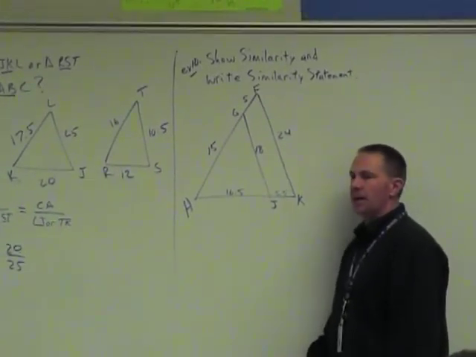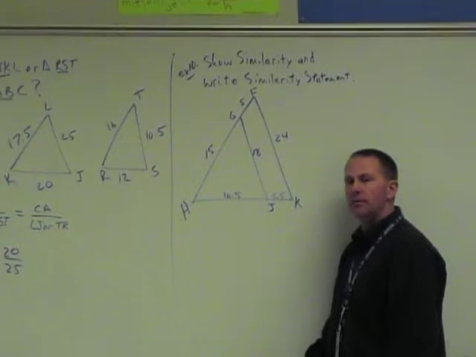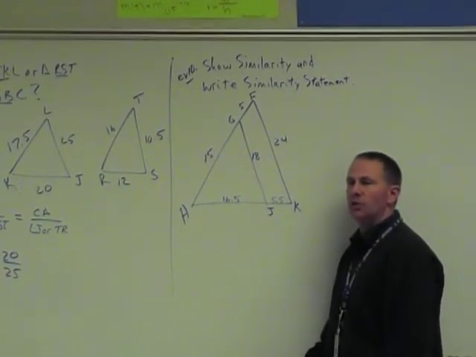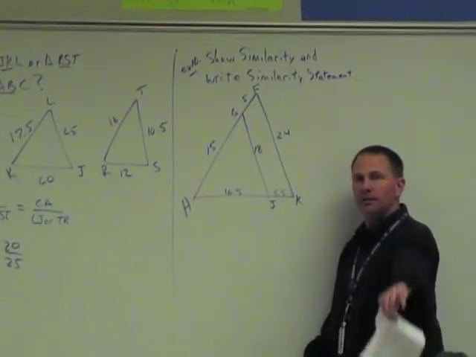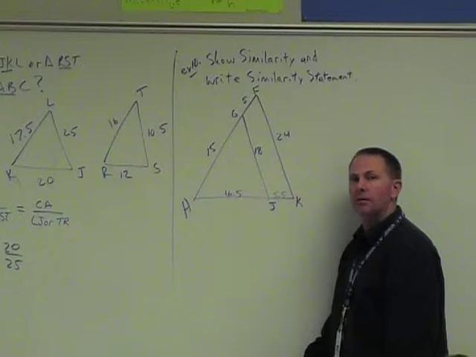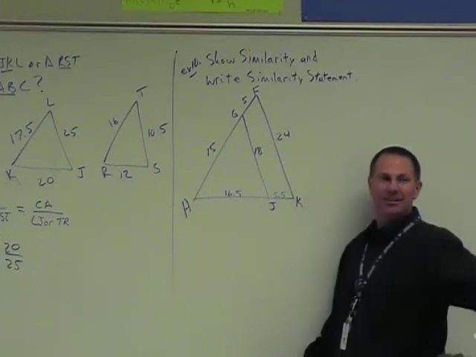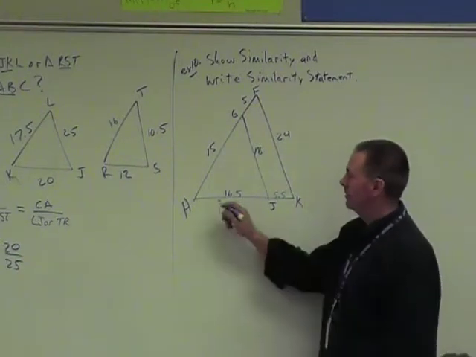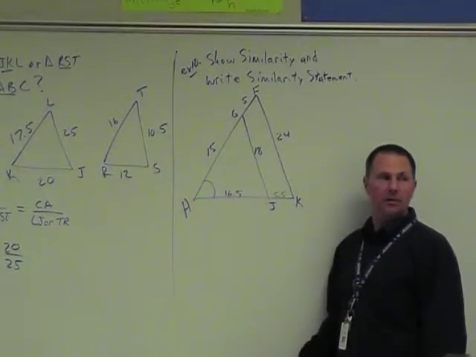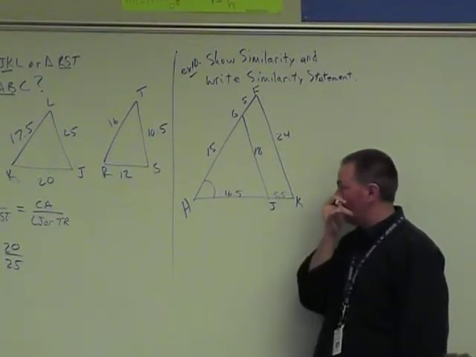Are you going to check all three sides? You only need to check two. Why? I lied. Never mind. I know it, but I don't know how to explain it. Angle H is congruent to angle H by the reflexive property.